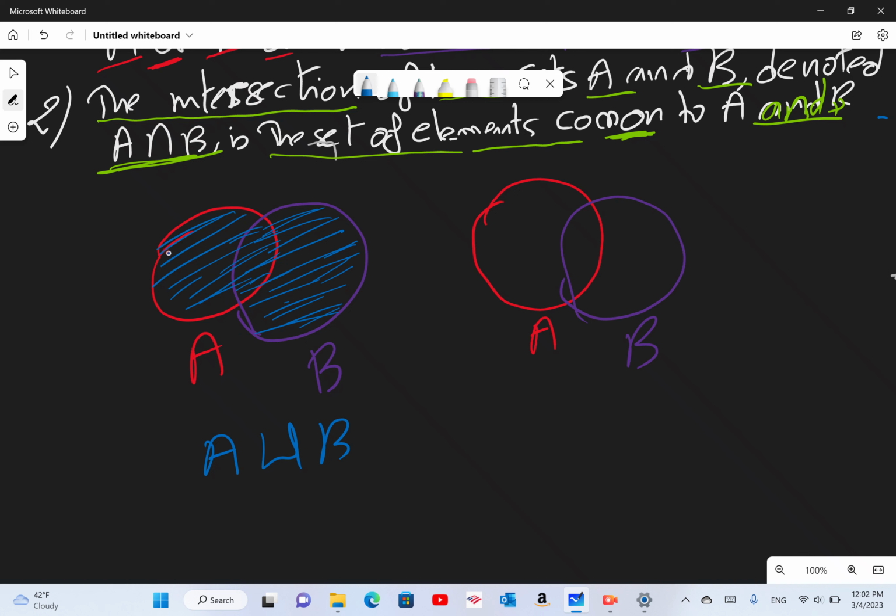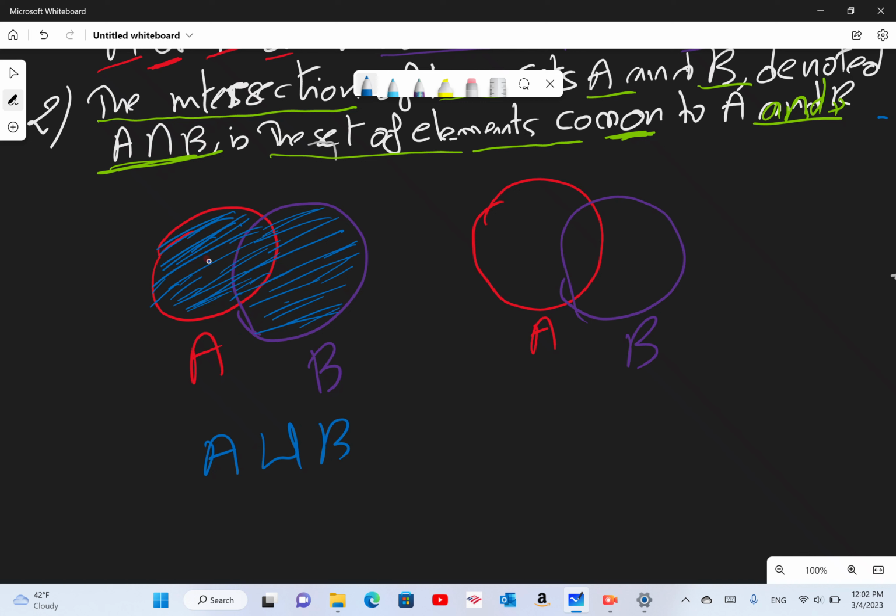Okay, so this is a visual representation of A union B. So all the elements inside A and all the elements inside B. Okay, so A union B.